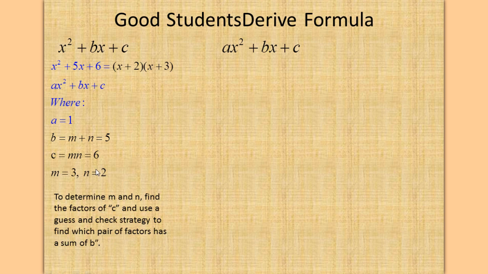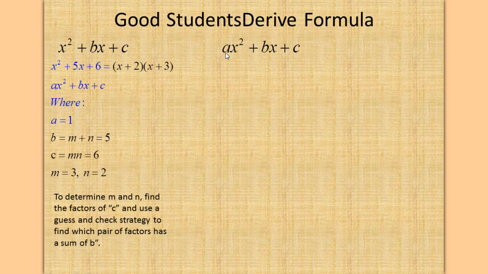To determine those, we had to find the factors of c, which is 6, and use a guess and check strategy to find which pair of factors has a sum of b. So we found factors of 6, which was, let's say, 3 and 2. So 3 times 2 is 6, and if you add them, m plus n, 3 plus 2 is equal to 5. So therefore that's our factors.